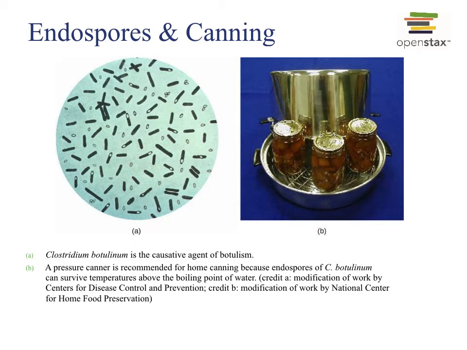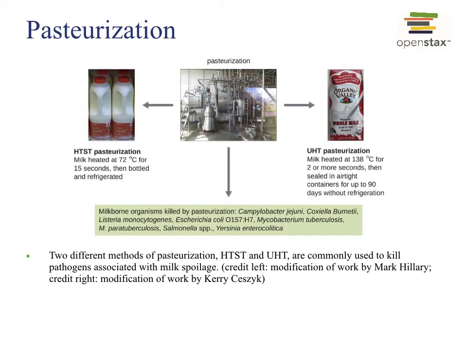The hardest thing that happens in canning is that we have to kill endospores. And so that means we have to heat things for a long time, well above the temperature of boiling, because endospores are pretty tough. But in many cases, we don't have to heat that high. In some cases, like pasteurization, we just have to heat things high enough to kill growing forms of spoilage organisms and to kill not just growing forms but resting forms of pathogens.